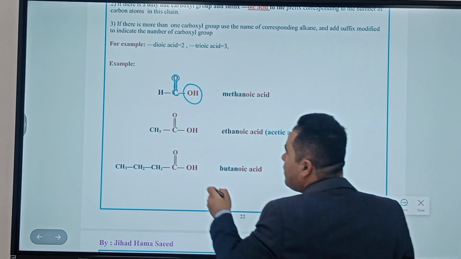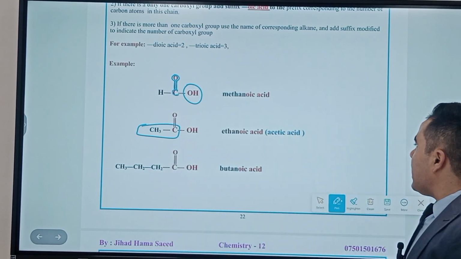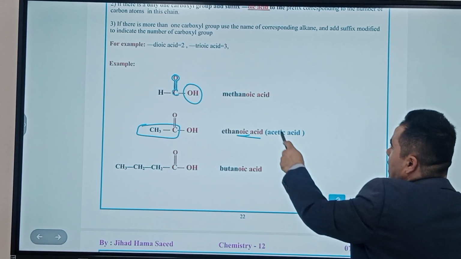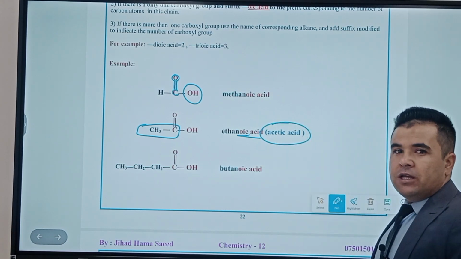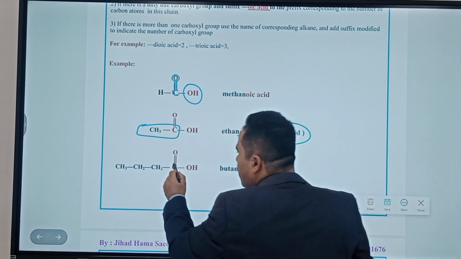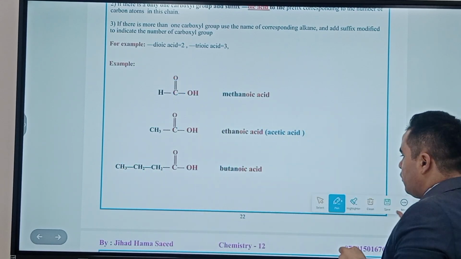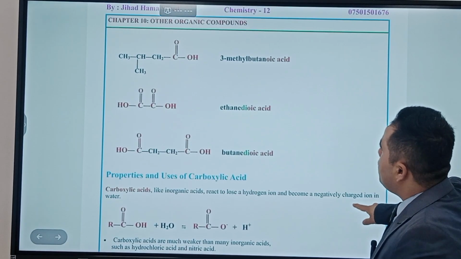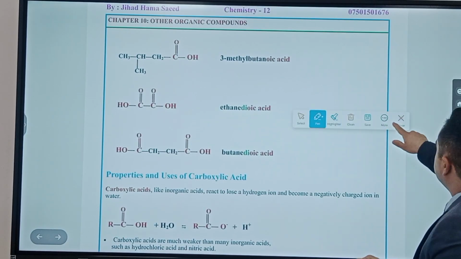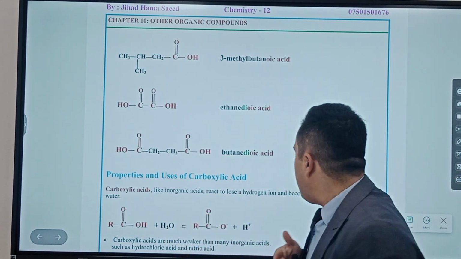The other one has 2 carbons, so it's ethanoic acid, which is acetic acid, CH3COOH. And if we have 4, it's butanoic acid. More examples, with branches: as usual, we name the branch and then the parent.